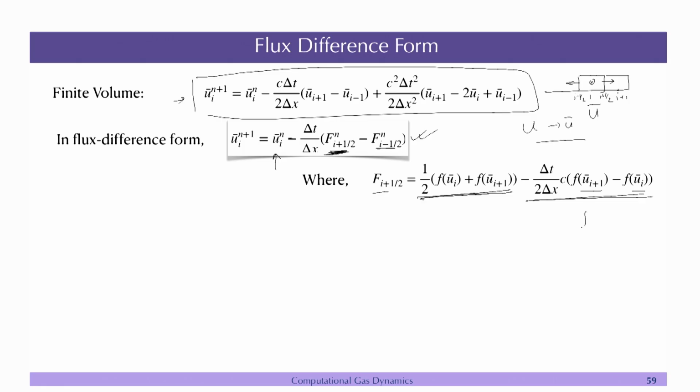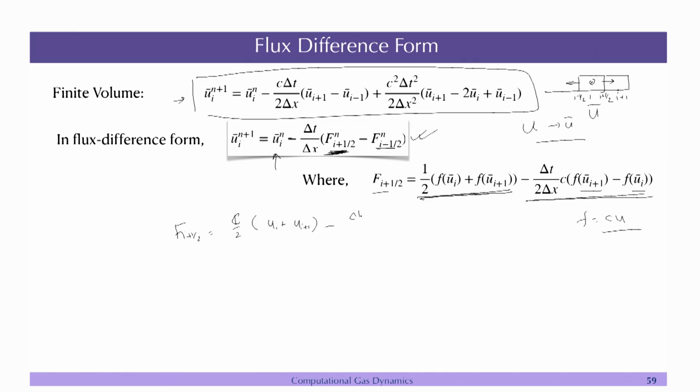So, f is equal to c u. If you want to do this, this will become f I plus half, which is c by 2 times u I plus u I plus 1. I am not putting the bar on top, but you can understand this is for the cell average quantity.